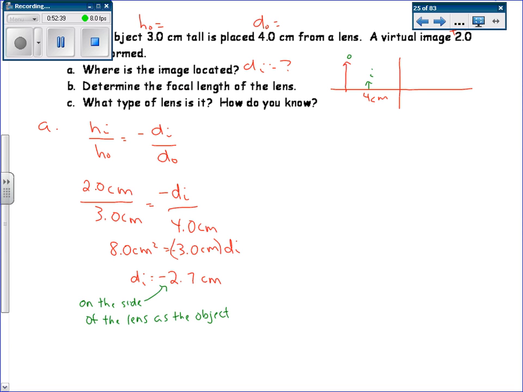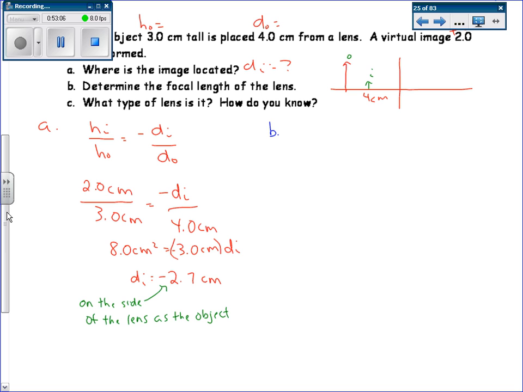Which is similar to a ray diagram we could draw. Let me know if I'm going too fast.